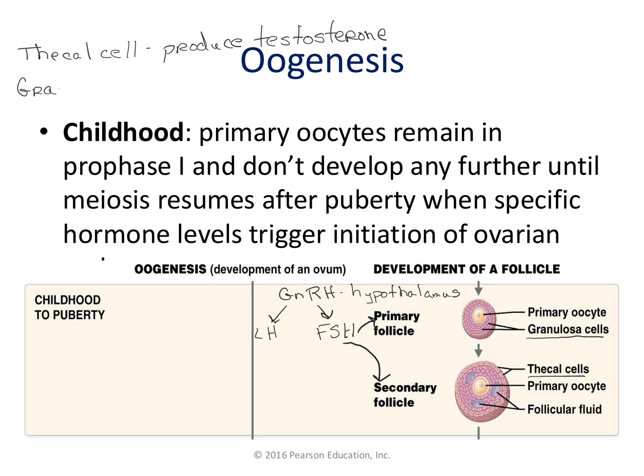Granulosa cells produce aromatase, which converts testosterone to estrogen.